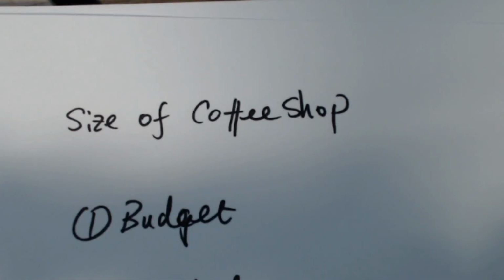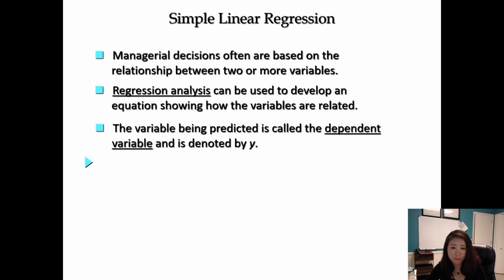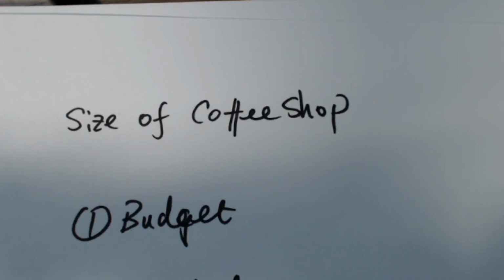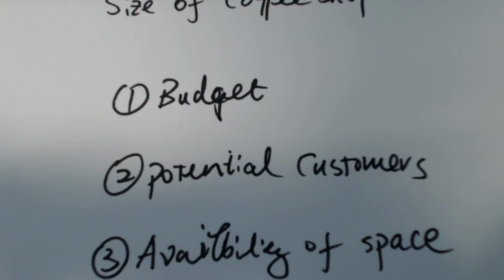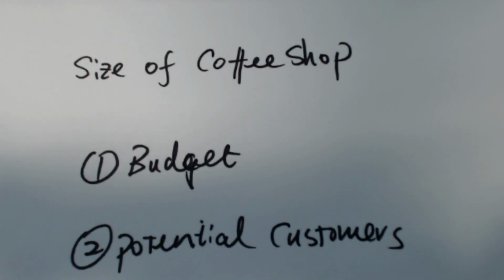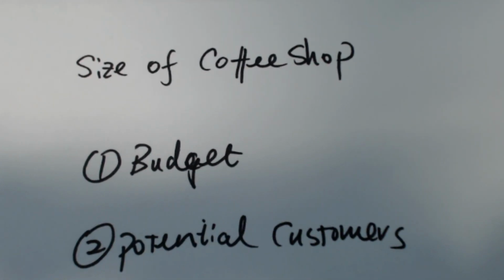Now the question here is, which is the variable we try to predict? The definition of the dependent variable is the variable being predicted. It is called dependent, and it is also the y variable. If you look at the question, what will affect the size of the coffee shop? We look at maybe the budget, potential customers, availability of space. Are we predicting the budget? No. Potential customers? No. What we are trying to predict is the size of the coffee shop.